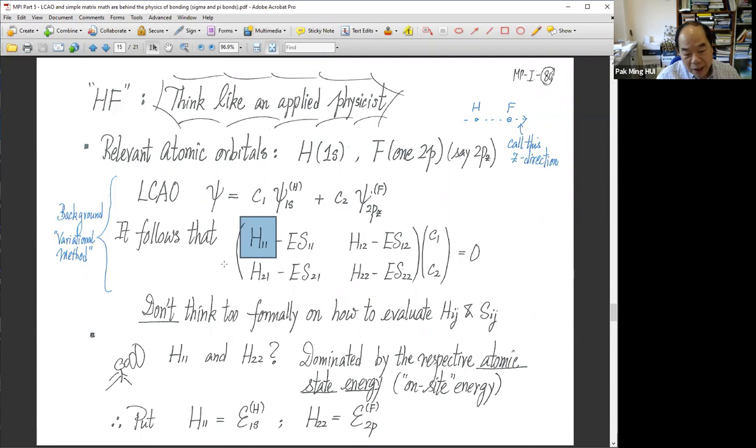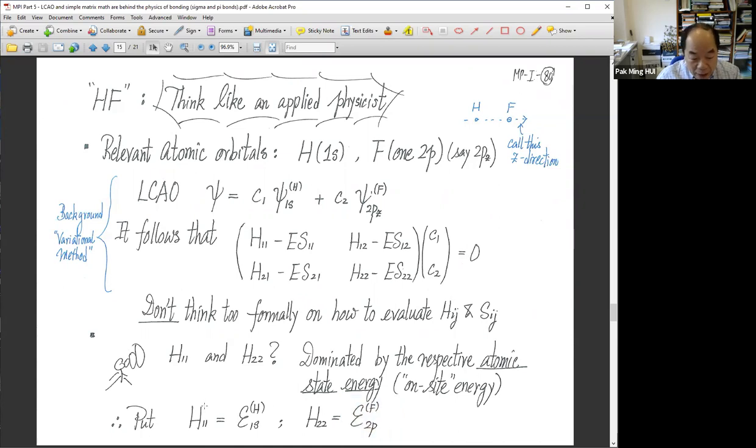So roughly speaking, a good approximation is that H11 refers to the atomic energy for the hydrogen on the left-hand side. Similarly, H22, because 2 refers to the fluorine p. So H22 is like the fluorine atomic energy for the 2p state.